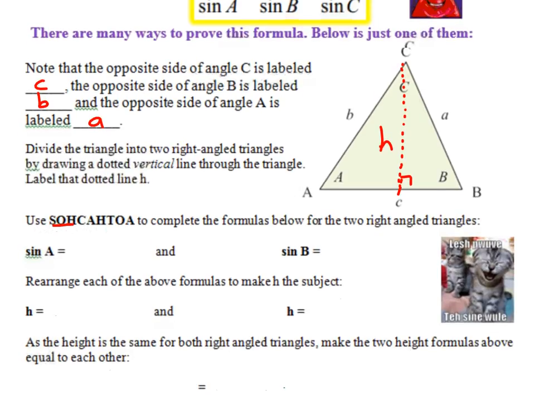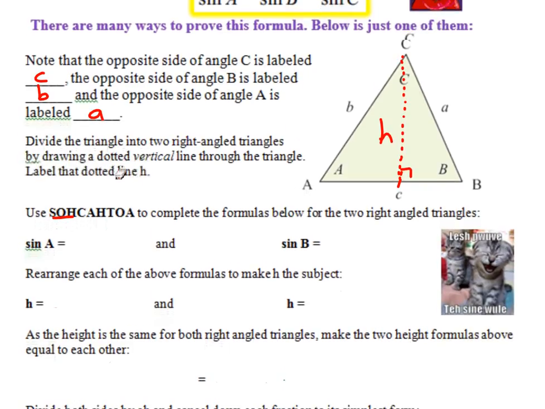Now we're going to use SOHCAHTOA and right angle trigonometry to complete the formulas for these two right angle triangles. If you look at the sine of A, remember sine is opposite over hypotenuse. What is the opposite of angle A? The opposite is H. And what is the hypotenuse from angle A? It's b, this length here.